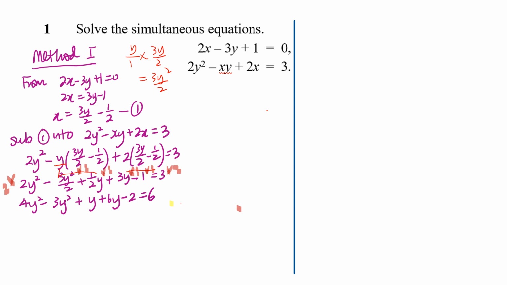And then you end up getting 4y squared minus 3y squared plus half times 2 gives you 1. Half times y times 2 is the same as half times 2 times y, and that gives you 1 times y, gives you y.